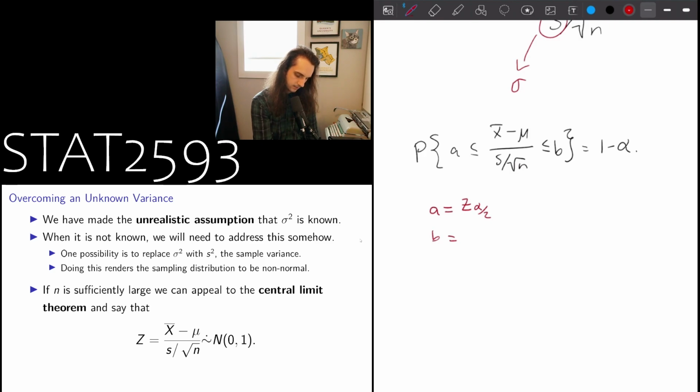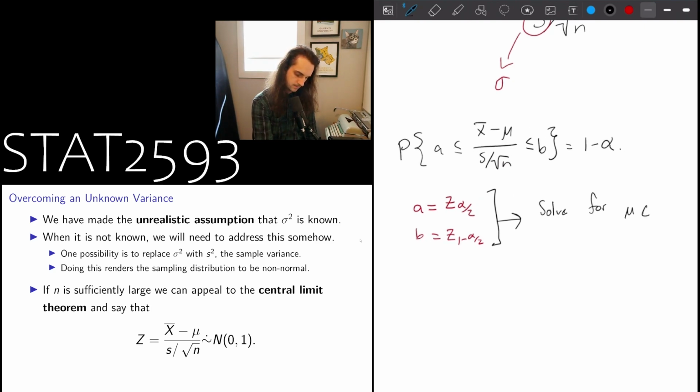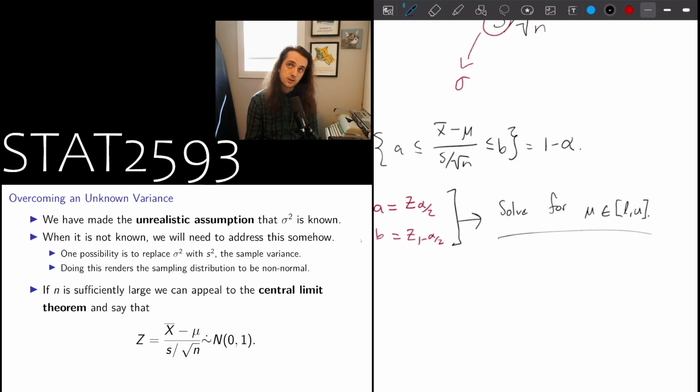So a is z of alpha over 2, b is going to be z of 1 minus alpha over 2. And then we take these and we solve for some function of x bar, so I'll say solve for mu in an interval. We called that lower and upper last time, right? And this is how we get our confidence interval.